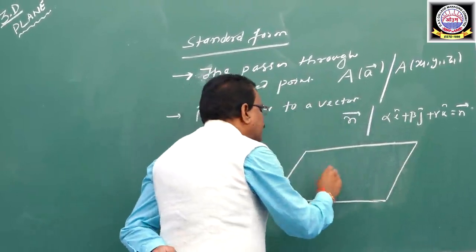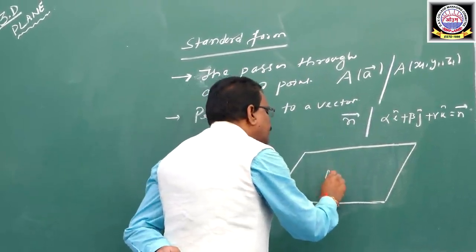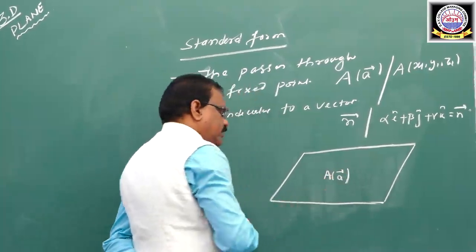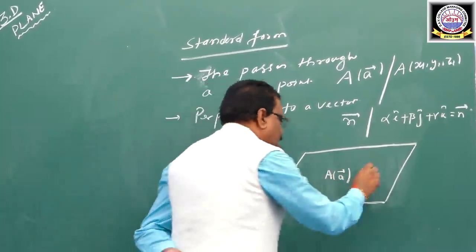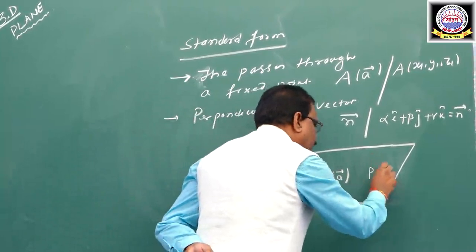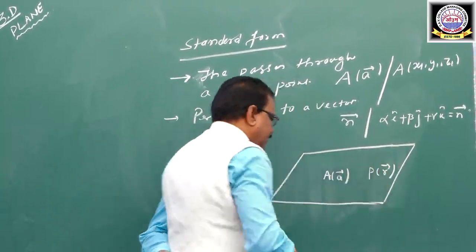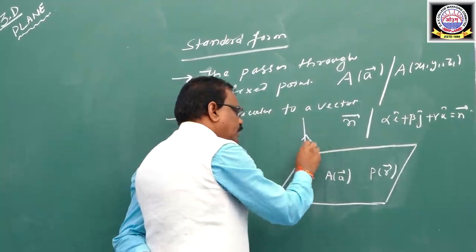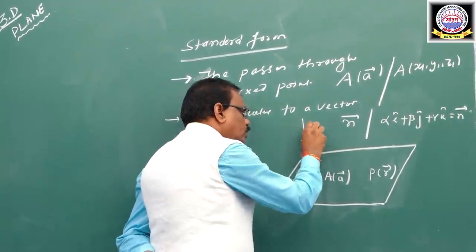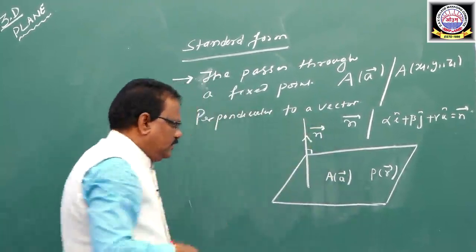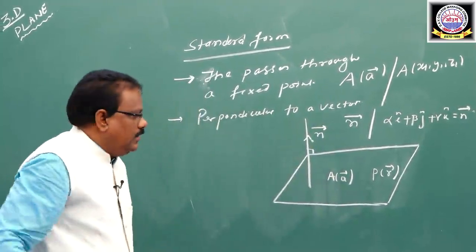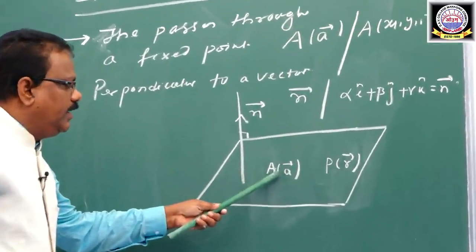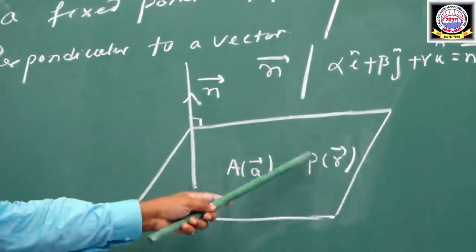And let the plane pass through the fixed point, say a vector. First I am considering the vector form. And no doubt I have to keep the locus point P with r vector. And this is the vector which is perpendicular to the plane. So, once again, the plane passes through the point A with the position vector a vector.